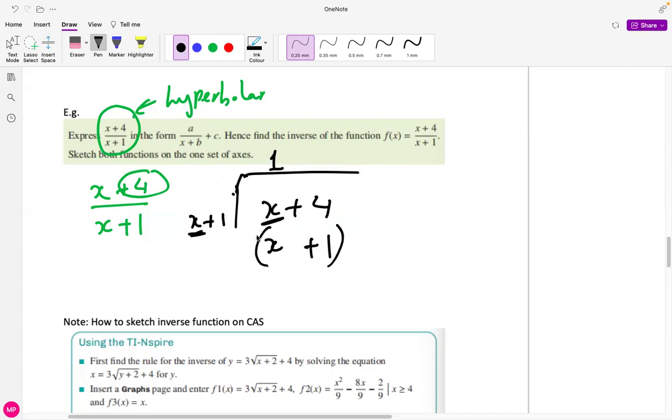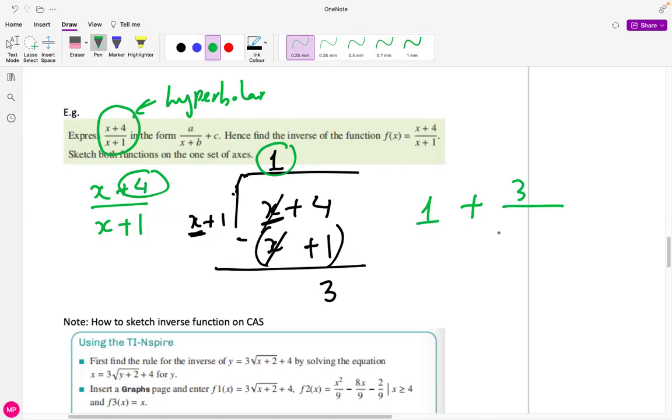And then you subtract. So x minus x goes away. 4 minus 1 is 3. So you will write it as (x + 4)/(x + 1) equals 1 plus... 1 is the quotient, and this is the remainder, 3, over the denominator x + 1. So either way works. And then you can find the inverse of this graph after that.